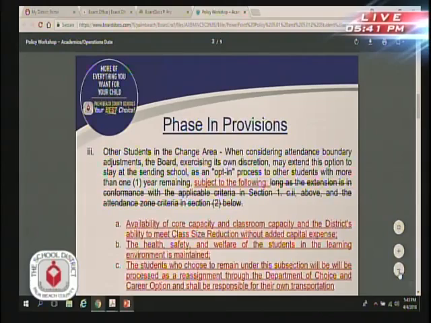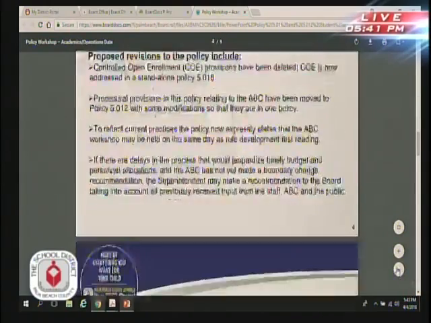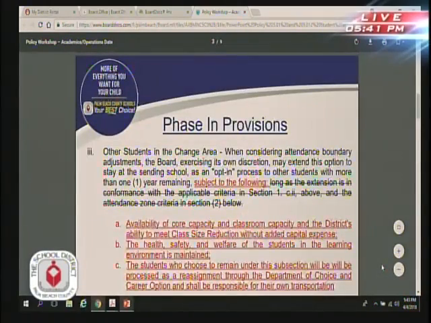So this removes the reference to school concurrency, which prohibited phase-in in many cases, such as the Sunset Palms boundary change, and allows us to look at core capacity, the health, safety, and welfare of the students, how the school is functioning, et cetera. It would enable the board, after consideration of these criteria, to determine whether you wanted to allow a phase-in beyond what you've been currently permitted to do.